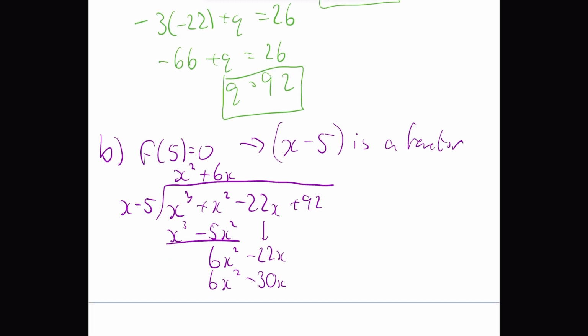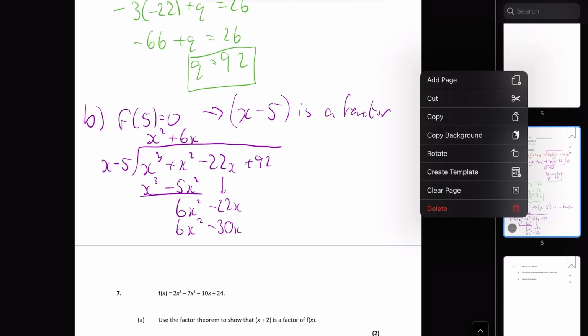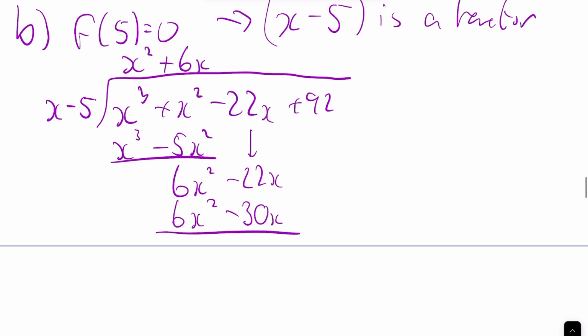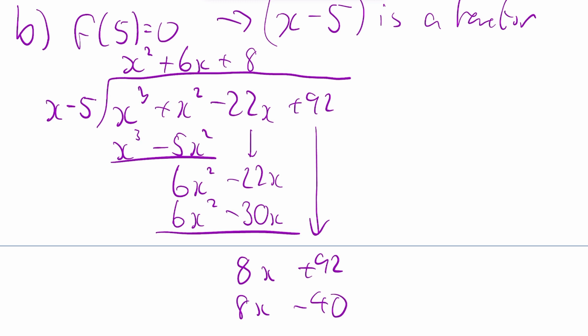And if we subtract them, let's give myself some more space, we end up with 8x. And if we bring this 92 down, so how many x's go into 8x? It's 8. 8 times by x minus 5, and we get 8x minus 40, and this should normally equal 0.